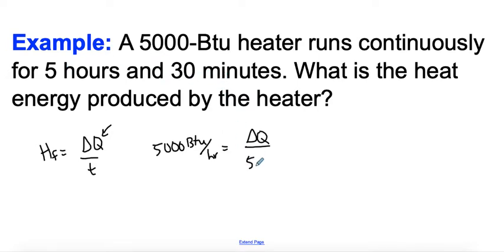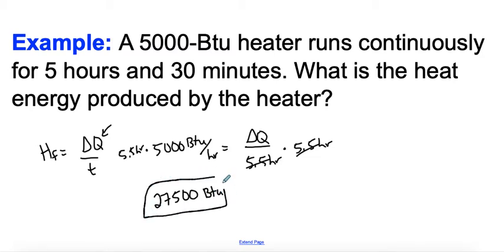That's 5.5 hours. And then just like up above, we'll have to do a little bit of algebra. Multiply both sides by 5.5. That'll cancel out there. And we're going to get 27,500 BTUs for this problem. So that's how much heat was generated by the heater.